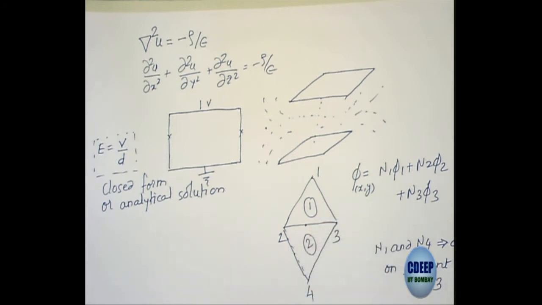That ensures the continuity of the potential variable across inter-element boundaries, and that is why the problem does not become mathematically absurd. Otherwise, the problem would become absurd if you got different potential values at a point in space depending on which element you calculate from.